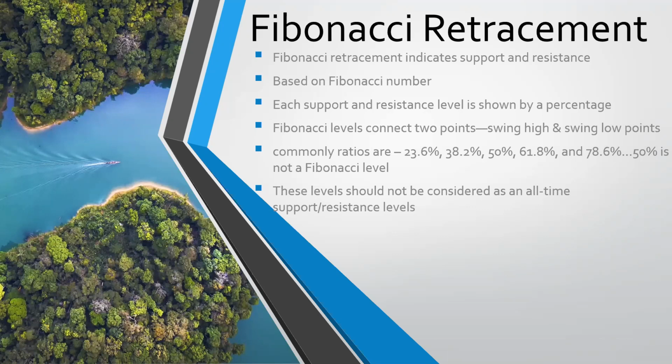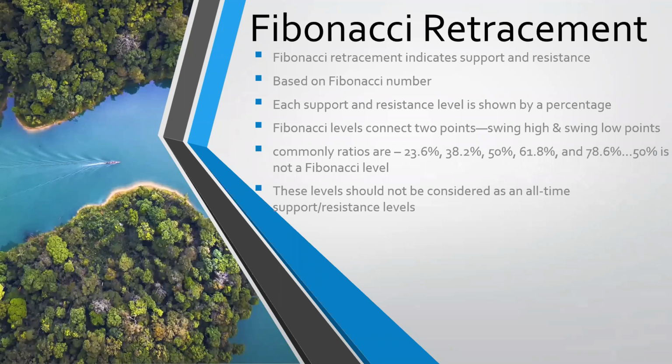And we can draw or retrace it by connecting 2 points, usually a high and a low point in the recent historical range, whatever the high or the low was, swing high or swing low points.